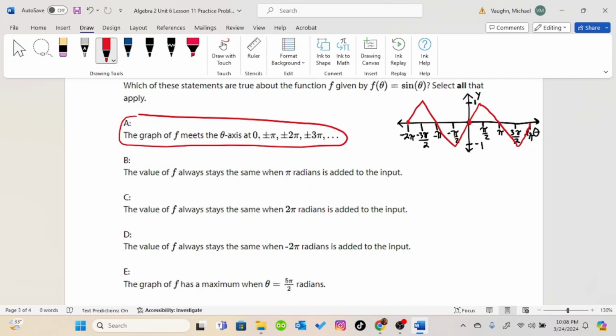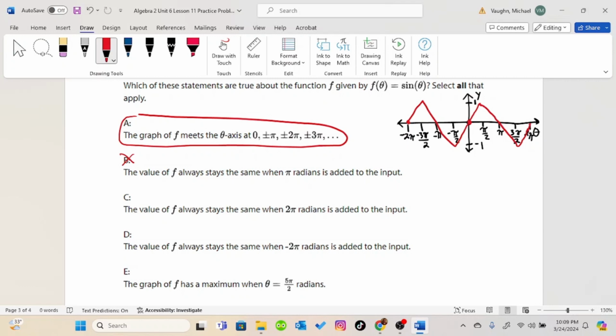B, the value of f always stays the same when pi radians is added to the input. Well, here, if we were at pi over 2, and we added pi, that would put us at 3 pi over 2. But we can see that instead of staying at 1, it's actually become negative 1. So B is incorrect.